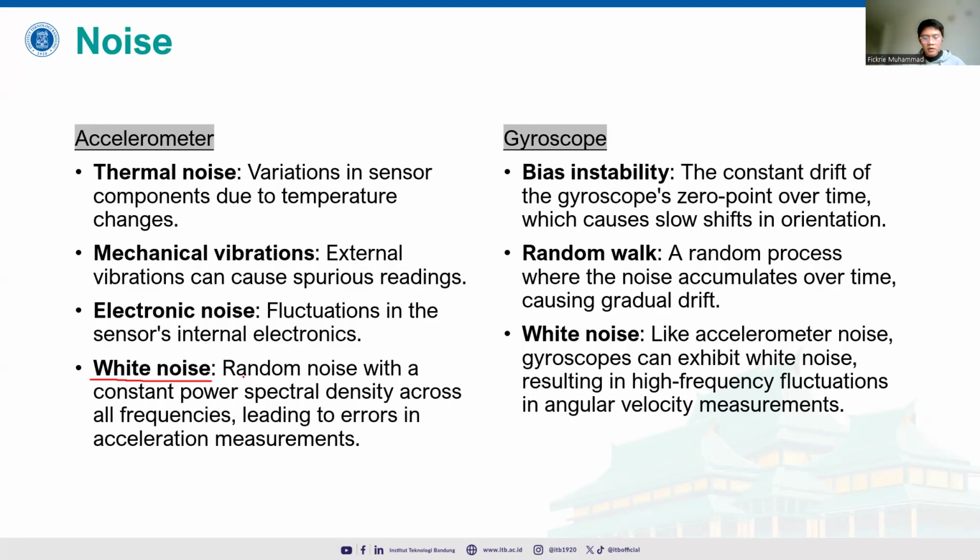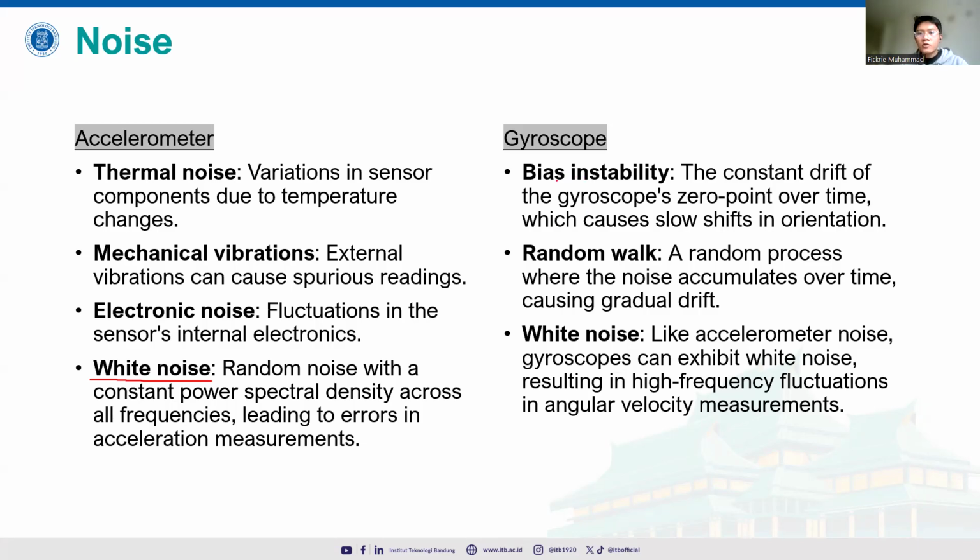So it's basically random, but it's constant. It sometimes appears in one time frame, but it has a similar value of noise when it also appears in different time frames when we are using the IMU for our missions.